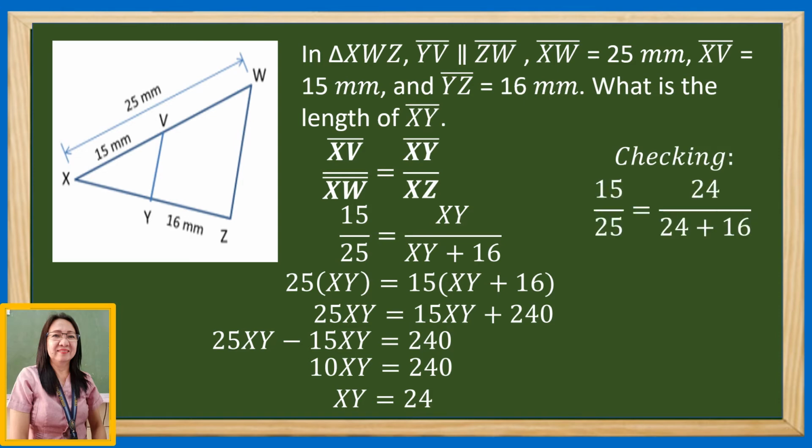So we have 15 to 25 is equal to, let us substitute the value of XY, which is 24, to 24 plus 16. Let us simplify 24 plus 16, which is now 40. Then if we simplify to its lowest form, we will get 3 to 5 is equal to 3 to 5. So they are now proportional.